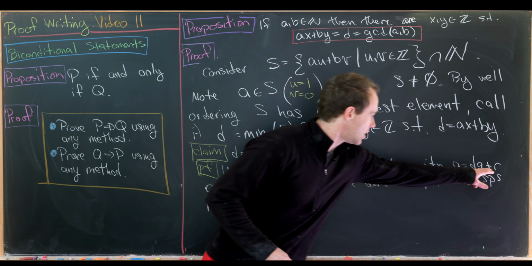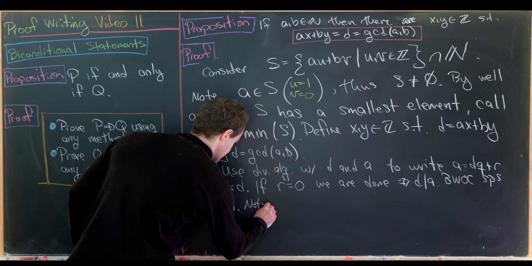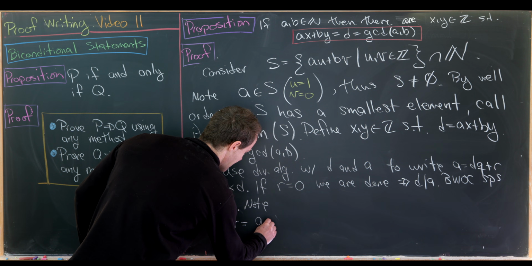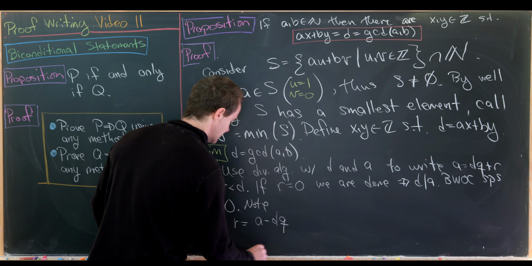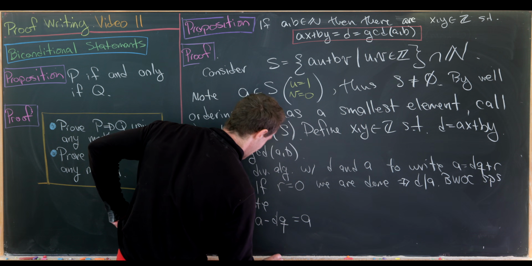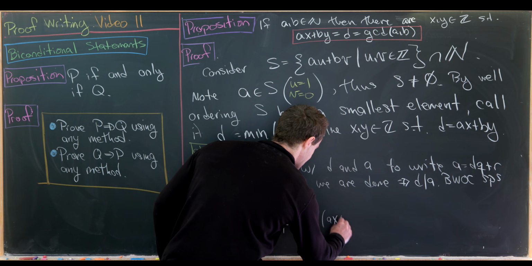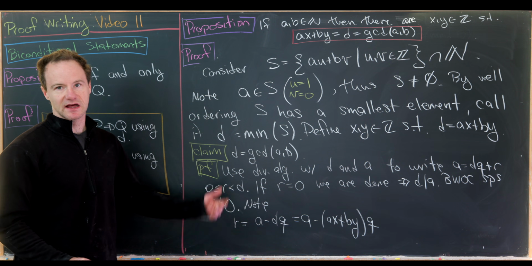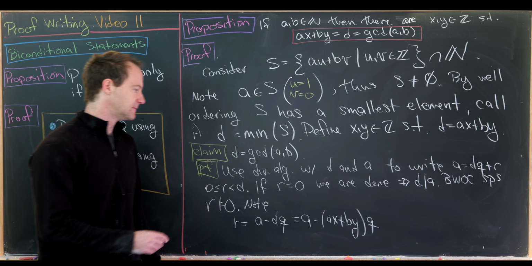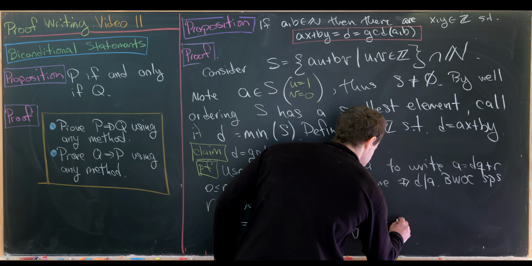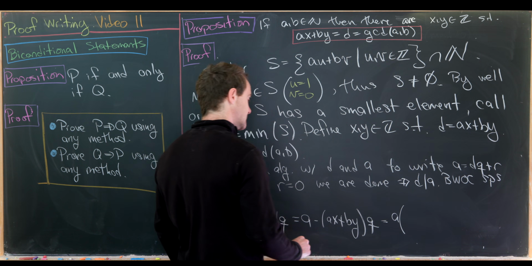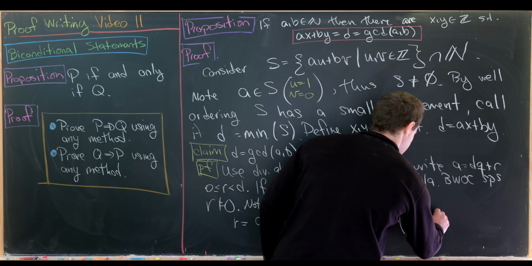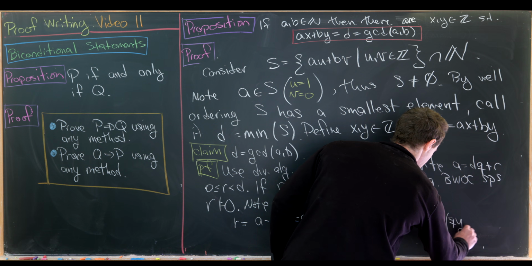But now let's solve this equation for R. So let's note now that R is equal to A minus D times Q, but that's equal to A minus AX plus BY times Q, where we wrote D using that linear combination of A and B. But now we can collect terms and then see that we get A times the quantity 1 minus QX, and then plus B times QY.